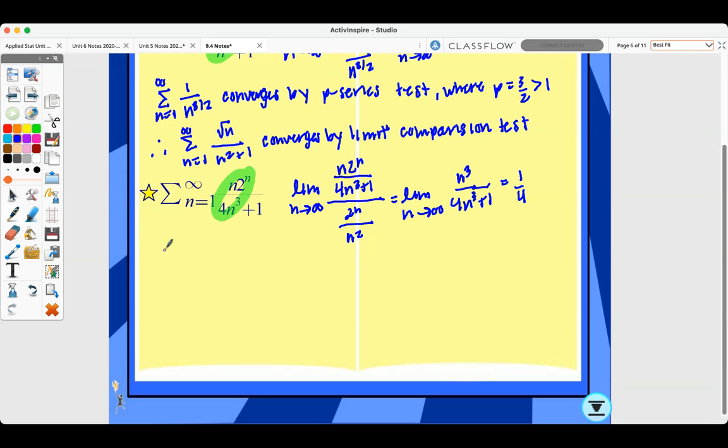And we also should know that the limit as n approaches infinity of 2 to the n over n squared equals infinity, which does not equal 0. So by the nth term test, we know that this diverges.